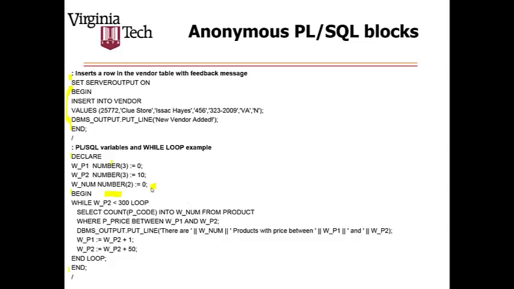Here's WNUM, which is one of our variables, from product, where the price is between P1 and P2, WP2, so between 0 and 10. And then we're going to output the line, there are WNUM products between price 1 and price 2.